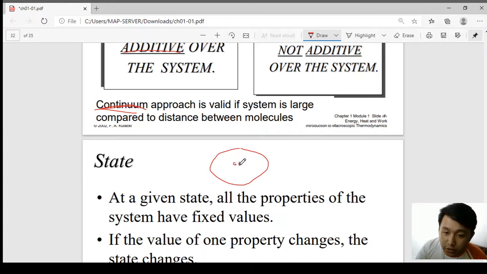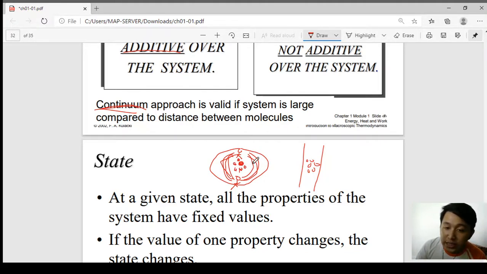So we have the molecules here. If I want to add something here, I can go here, here, here, here without passing through the molecules, because the distance in a system is large. Because it is so large, I can go here, I can go here, and I do not need to pass through these molecules.